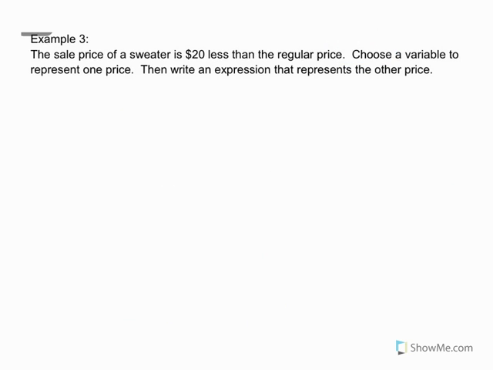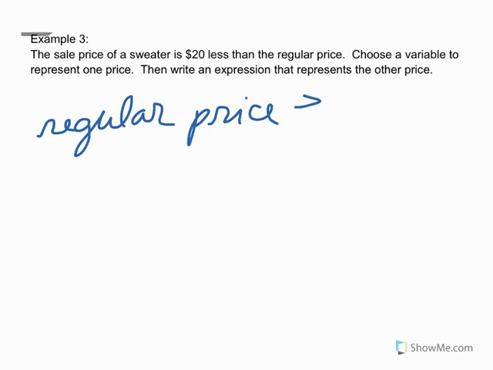In this next example, we have the sale price of a sweater is $20 less than the regular price. They want us to choose a variable to represent one price, then write an expression to represent the other price. So they're giving us a little bit more freedom here. They're not giving us the variable they want us to use. So I am going to choose to represent the regular price using the variable R. So if that's true, then the price of the sweater is the regular price minus $20.